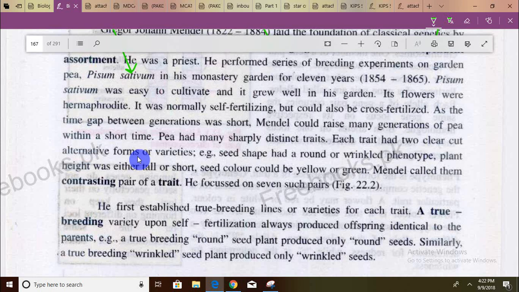For example, a true breeding round seed plant produced only round seeds on self-fertilization. Similarly, a true breeding wrinkled seed plant produced only wrinkled seeds.